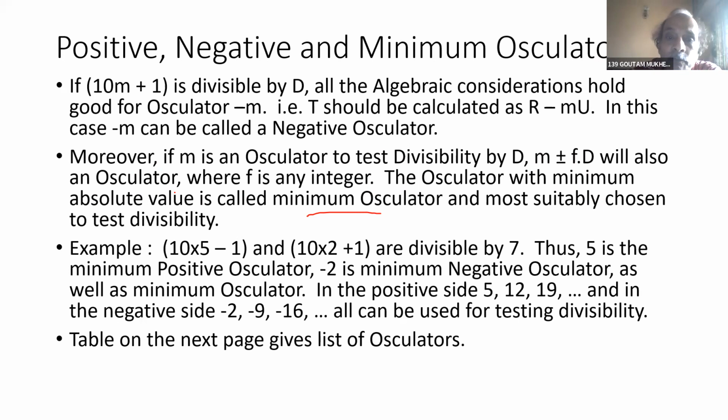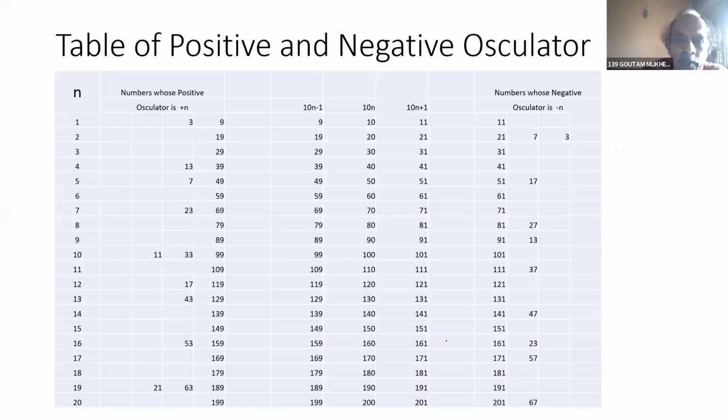Moreover, it will be negative all the time, so instead of adding, we will be subtracting. So 10 minus 5 is, or 10 plus, both are divisible by 7. So 5 becomes the minimum positive oscillator, and minus 2 becomes the minimum negative oscillator, as well as the minimum oscillator. On the positive side, 5, 12, 19 can be used, and on the negative side, minus 2, minus 9, minus 16, all can be used for testing divisibility, but we always go with the negative, minimum one.